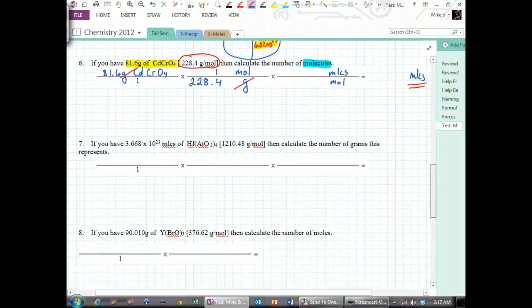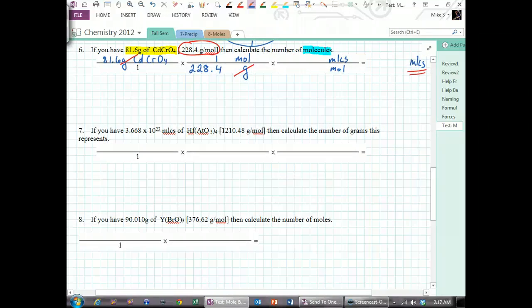So I go down here and I'm going to write in that 1 mole is equal to 6.02 times 10 to the 23rd. And if you notice, I'm saying equal to. Anytime I have one of these 4 fractions from up above, they're all equal to each other, meaning the top is equal to the bottom.